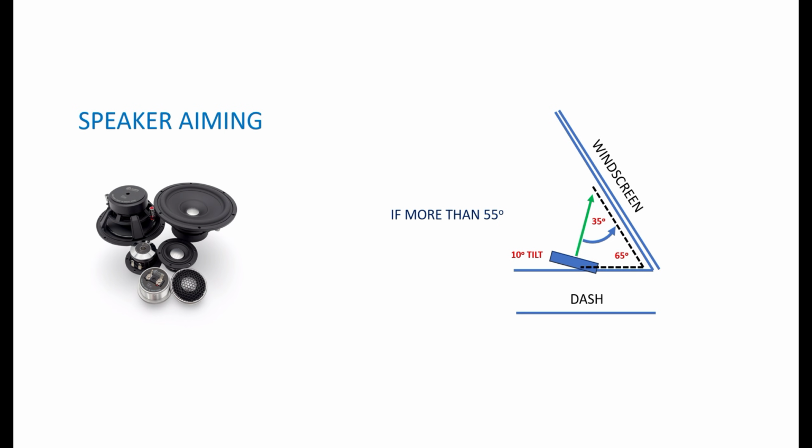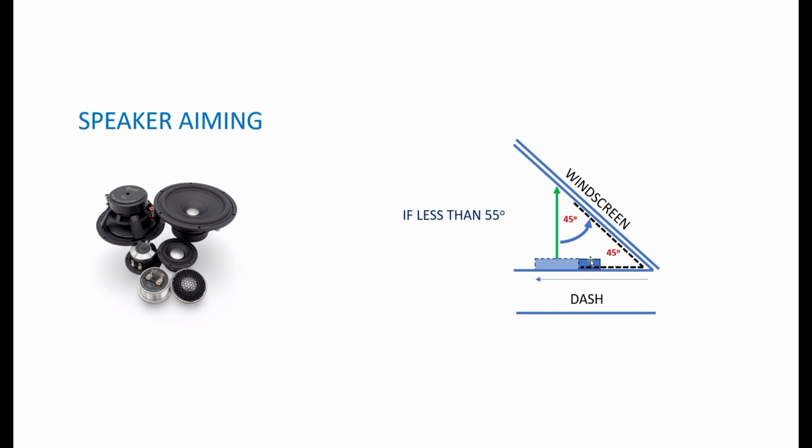If your windscreen is less than 55 degrees, so let's say it's 45 degrees, it's quite shallow, such as a sporty coupe, you tend to have much shallower windscreen angles. Then there's a couple of things you can do. One is to move the speaker back away from the windscreen. What that will do is, this is still a 90-degree 45. This will mean that the angle of inflection with the windscreen is 45 degrees, not 35.